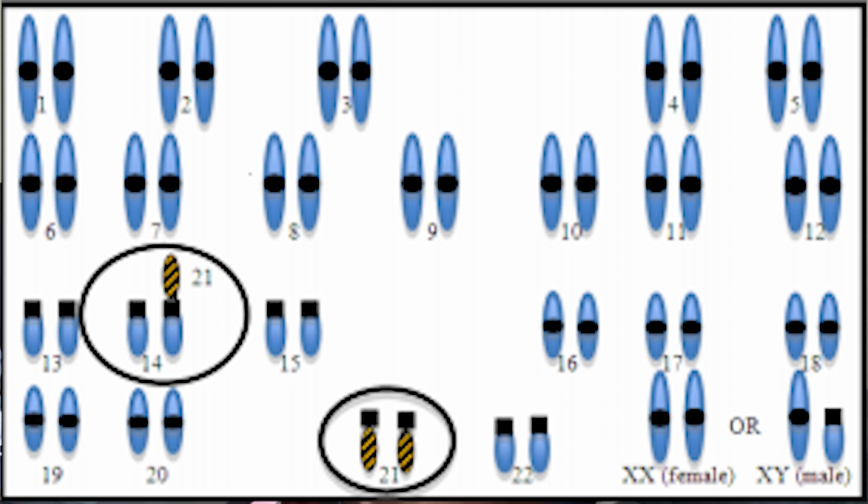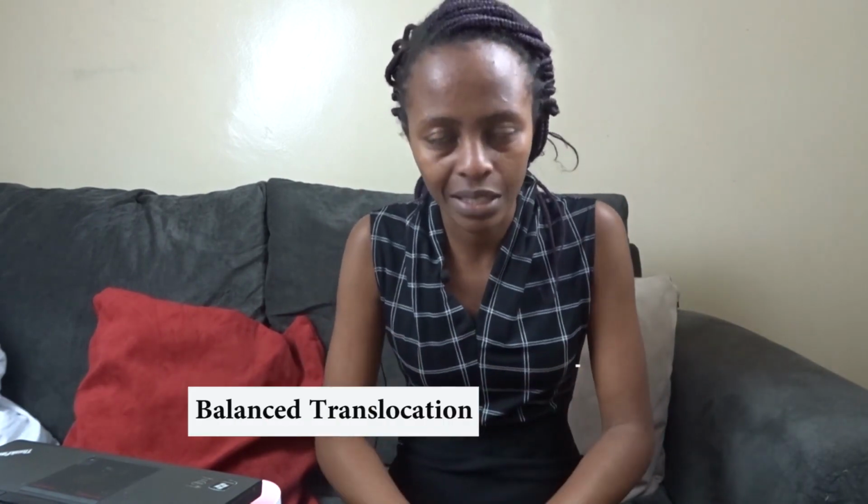So in this case of translocation, chromosome number 21 has broken off the extra one and it has attached itself to another chromosome. In some other cases, the individuals or the parents might have a balanced type of translocation.